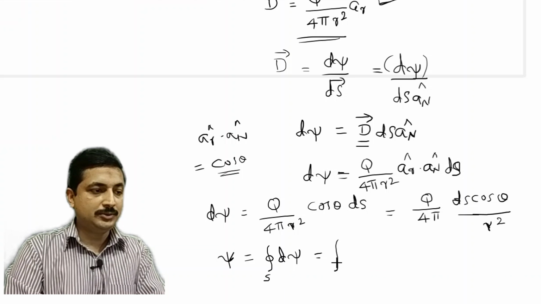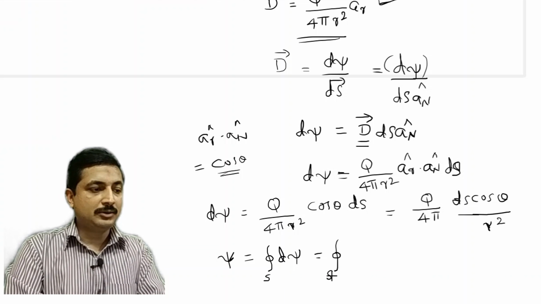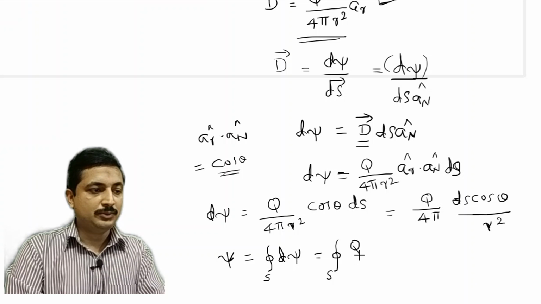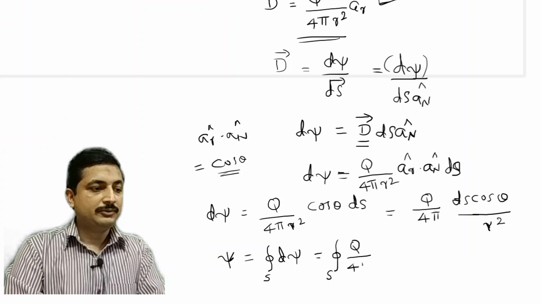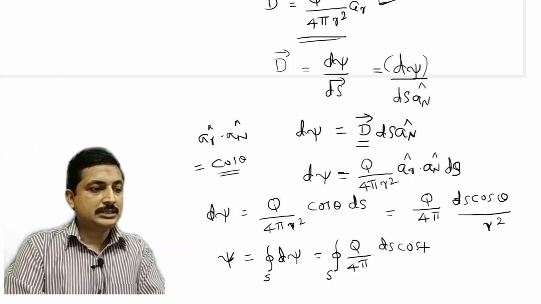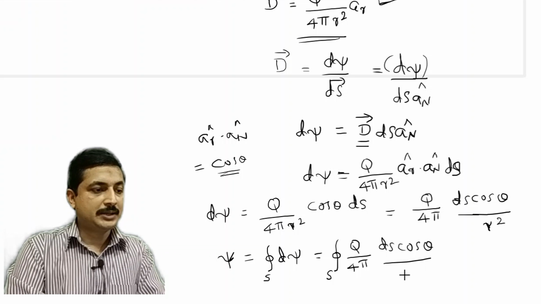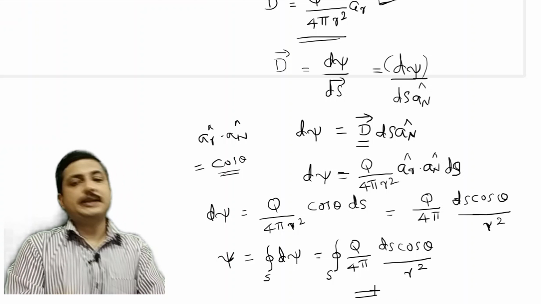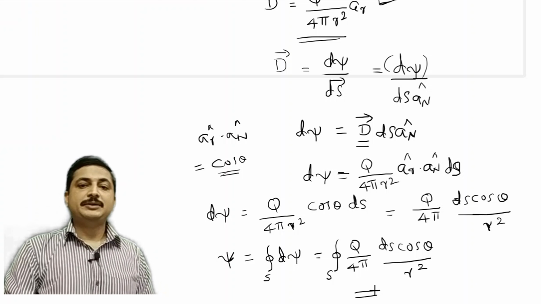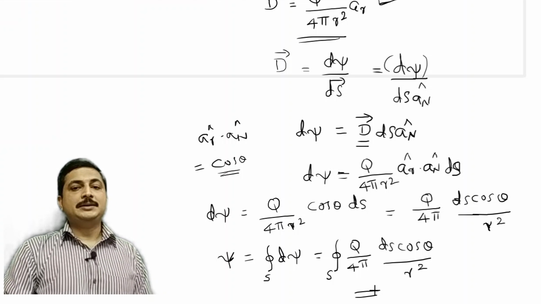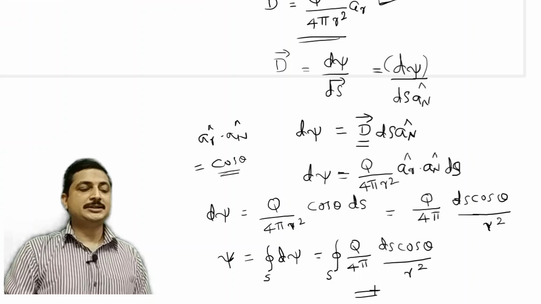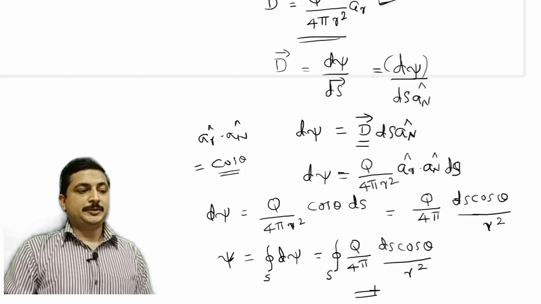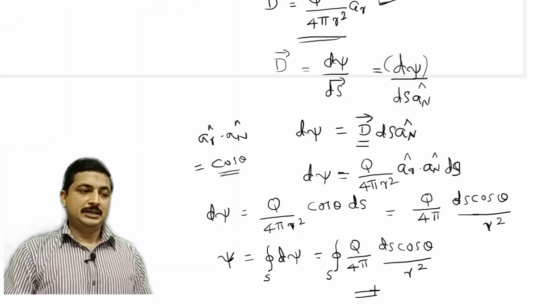So I have to integrate over a closed surface q divided by 4 pi ds cos theta by r square. Okay, now to integrate this, we will take help of geometry rather than mathematics. Instead of going for a mathematical approach, we will go for a geometrical approach.